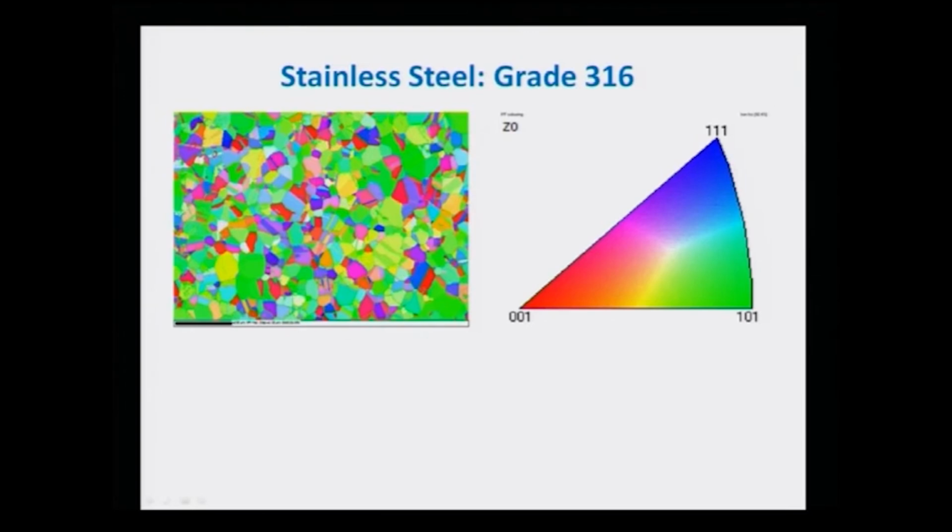And from this very clear grain map, one can see the pole figure where 001, 111 and 110 FCC are plotted.